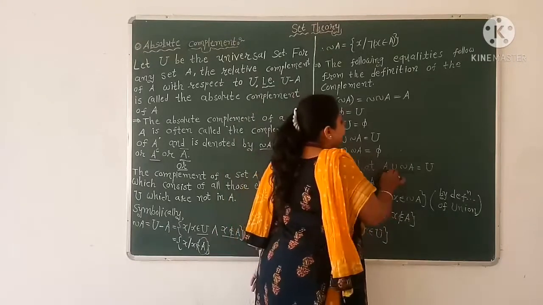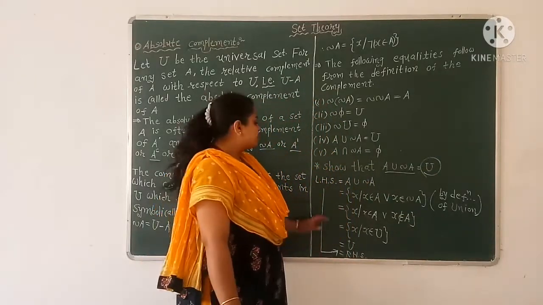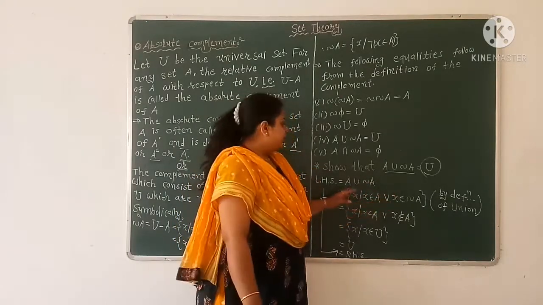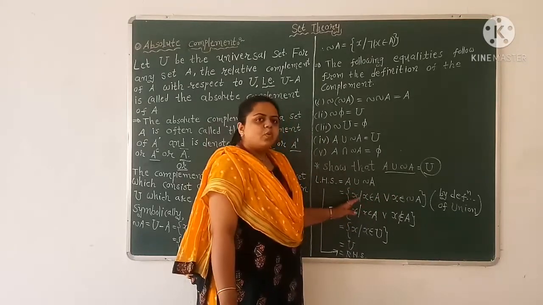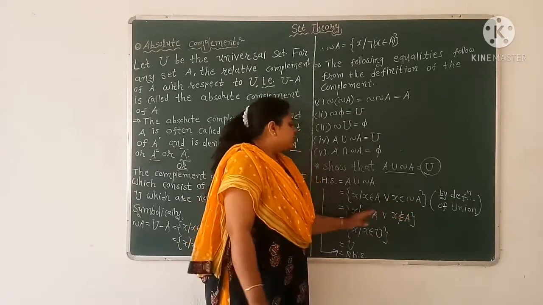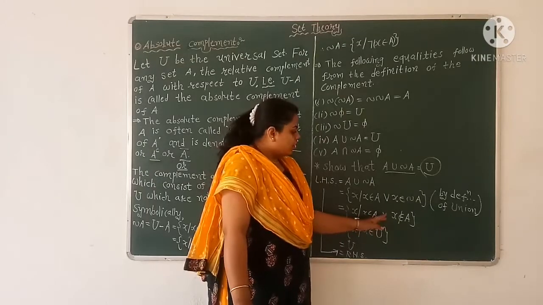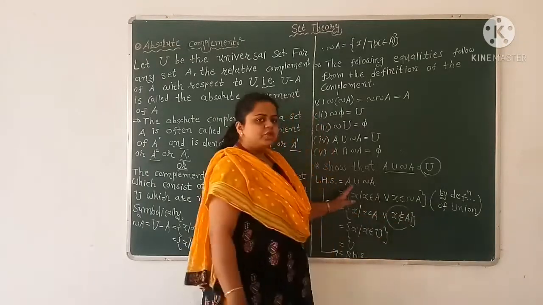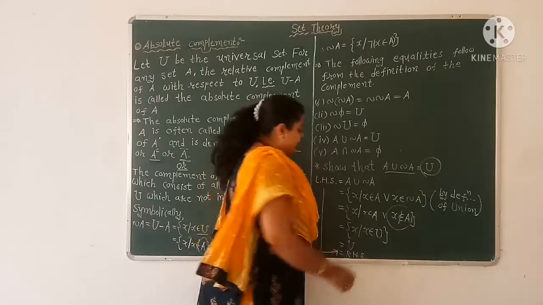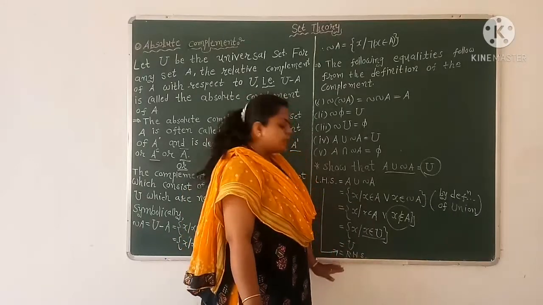Now, show that A union complement of A is equal to U. We have to take LHS is equal to A union complement of A. Now, by the definition of union, we have set of x where x belongs to A or x belongs to complement of A. So, we have set of x where x belongs to A or x does not belong to A. So, A union complement of A is equal to set of x where x belongs to universal set U, which is equal to U, which is equal to RHS.